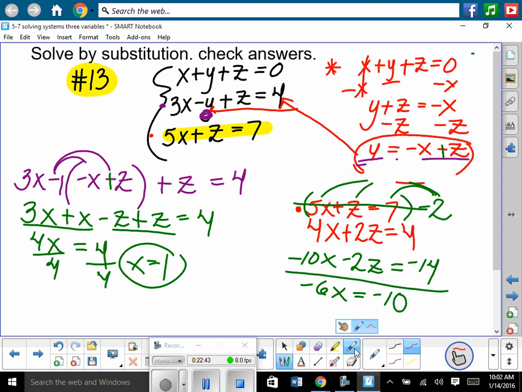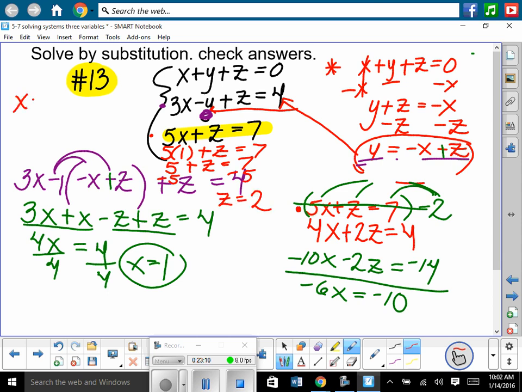What am I missing here? Oh yeah, we don't want to plug it in with the y and z. Let's plug it in right here. So we have 5 times 1 plus z is equal to 7. So we have 5 plus z is equal to 7. Subtract 5, subtract 5. z is equal to 2.